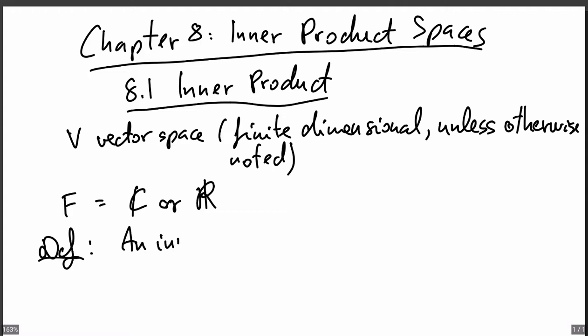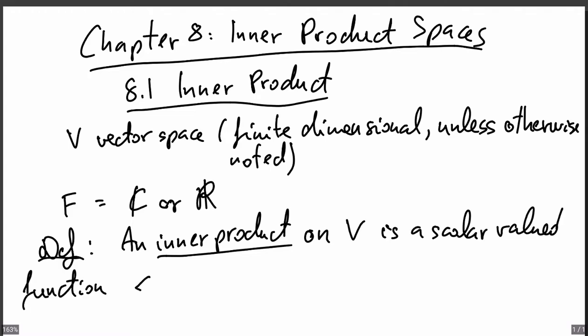An inner product on V is a scalar valued function, usually denoted by brackets, and the dot means that you have two arguments separated by comma.